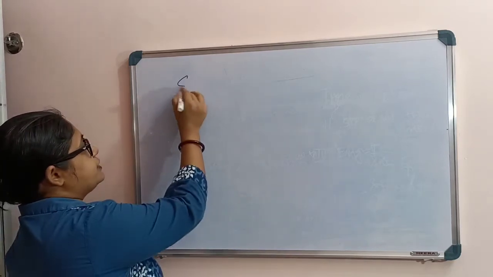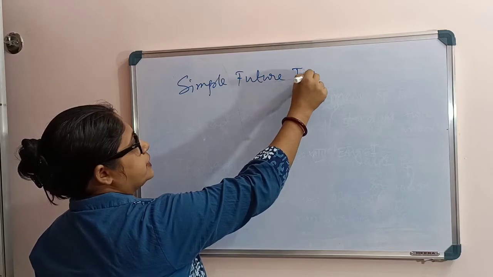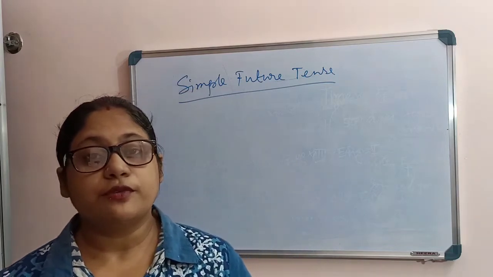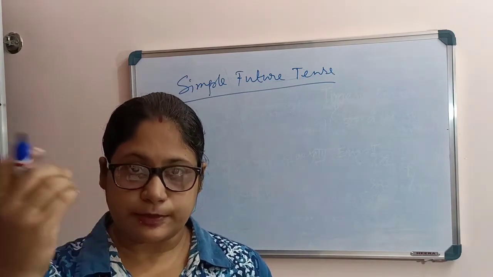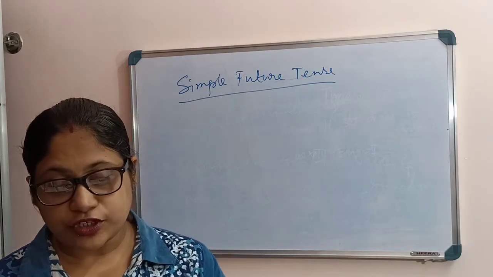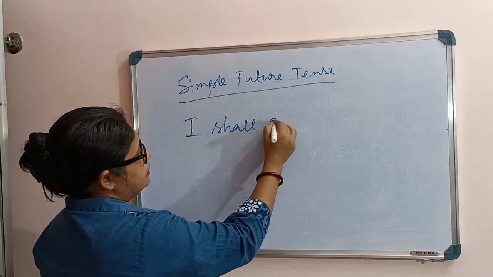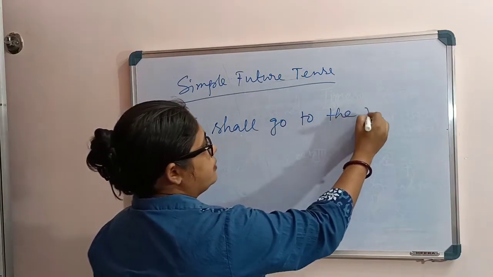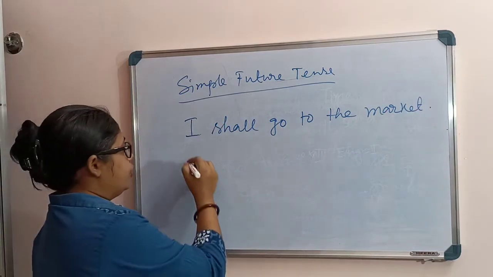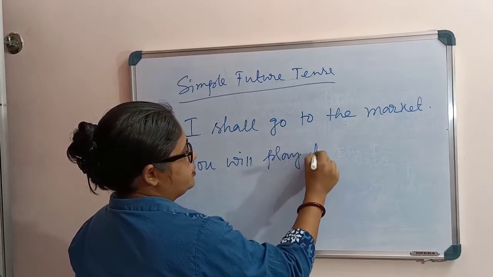So in case of simple future tense, when do we use it? We generally use simple future tense when we talk about some incident that is going to take place in future, or certain possibilities that are also going to take place in future, like I shall go to the market, or you will play football.